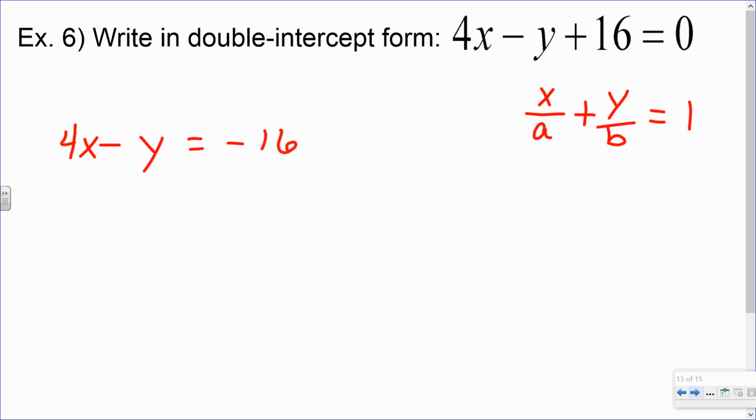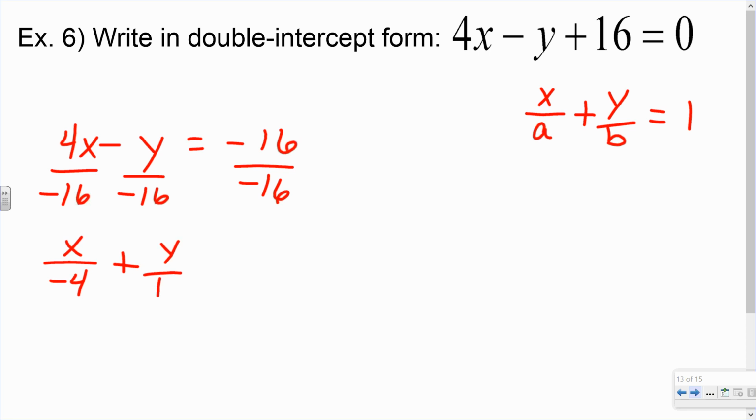So what do I divide by to get 1? I'm going to divide by negative 16. So that means I have x over negative 4 plus y over 16 equals 1. So my x-intercept is (-4, 0). My y-intercept is (0, 16). So that is one way that I can do that.